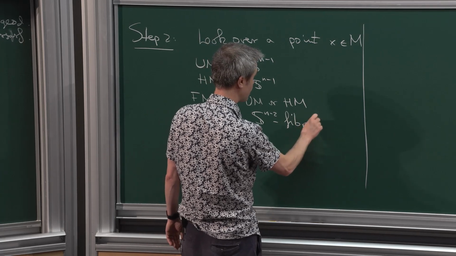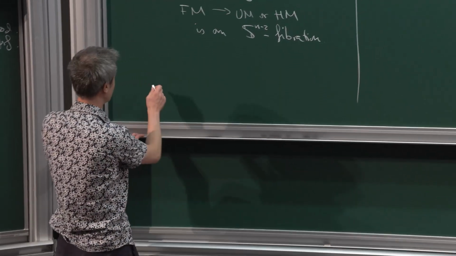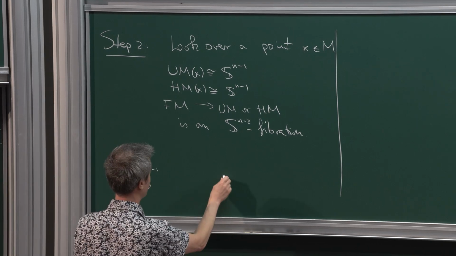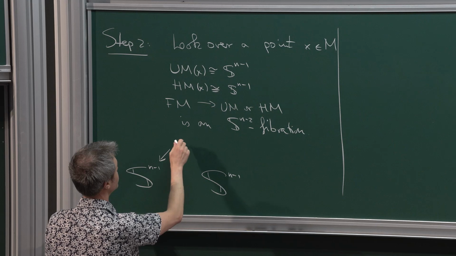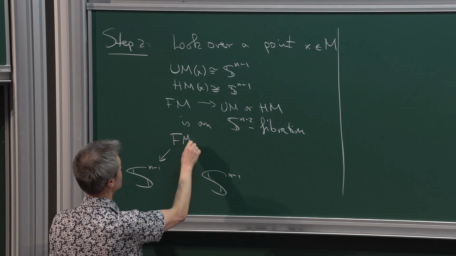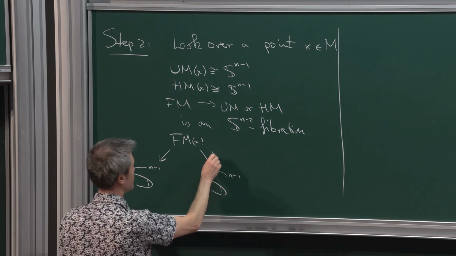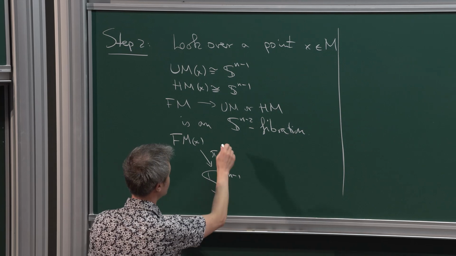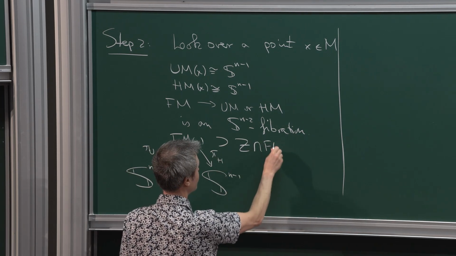So the fibers are these S^(n-2)s. So we have Sn-1 here, and let me call this FM fiber over x, again with pi H and pi U. So we have our set Z intersected with FM of x.